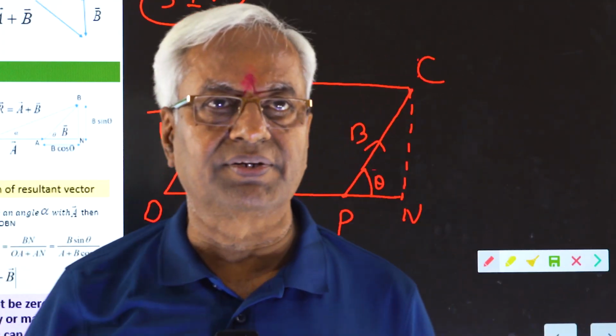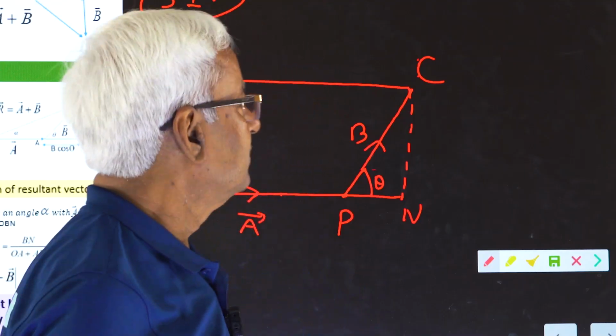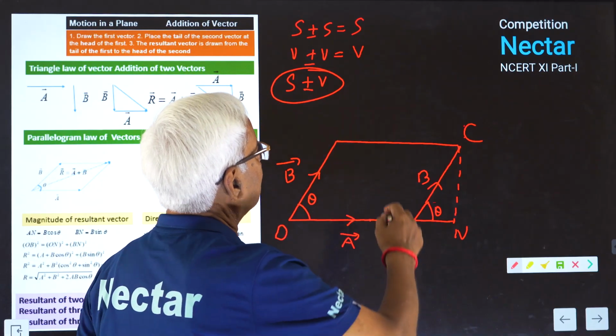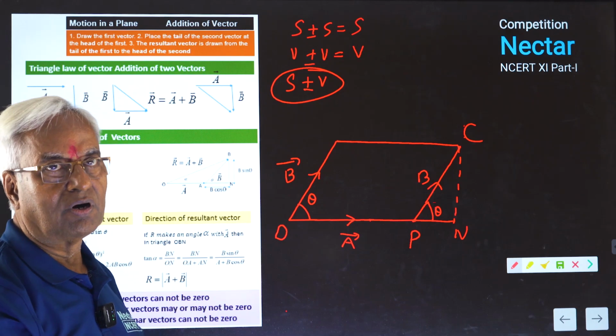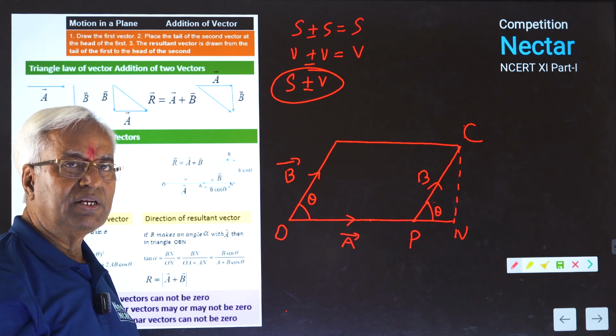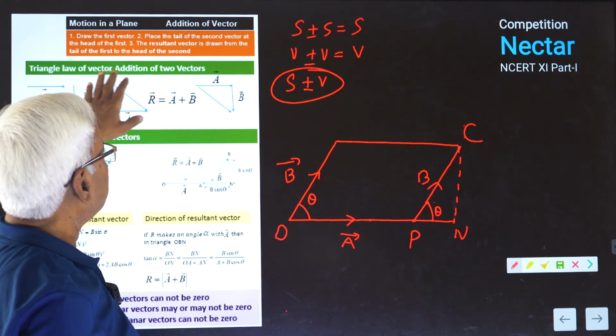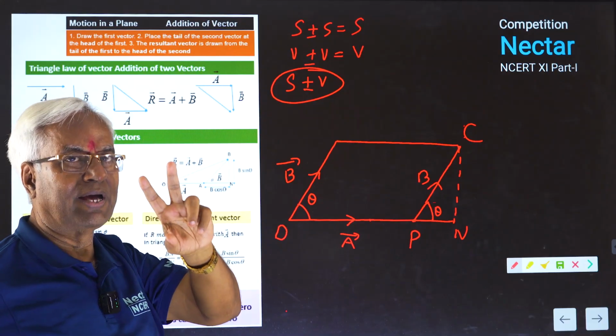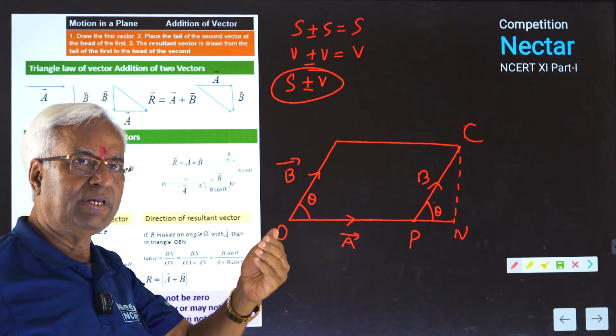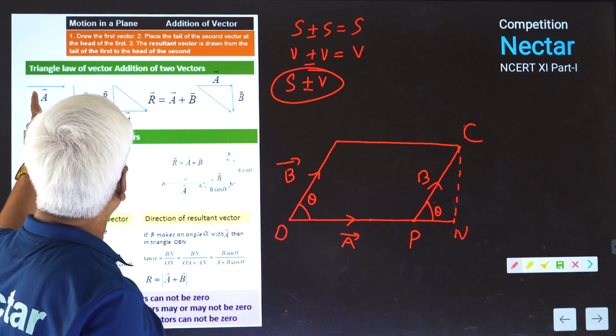For adding the vectors, we have two methods. One method is called the triangle method, the other is called the parallelogram method. In the triangle method, suppose you have two vectors, A and B, depicted here.